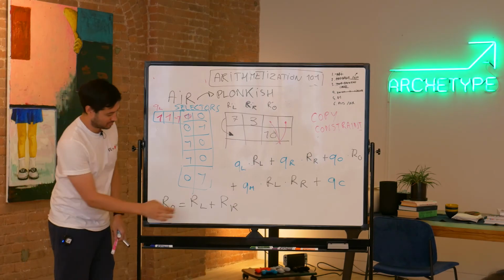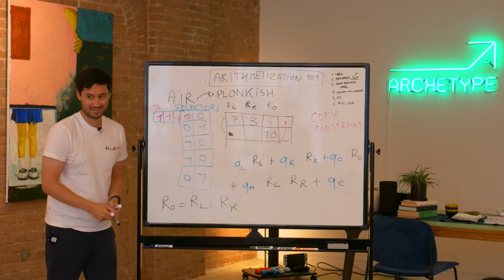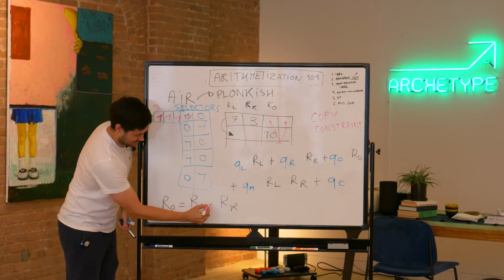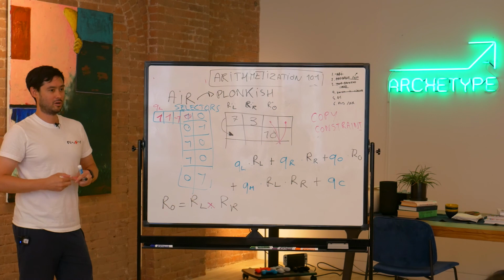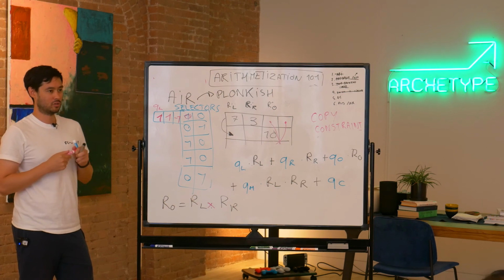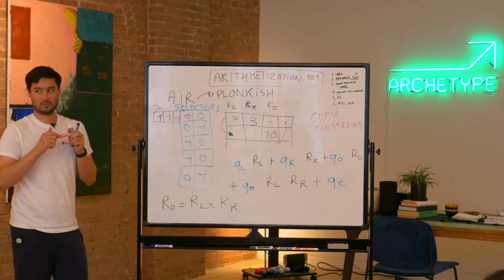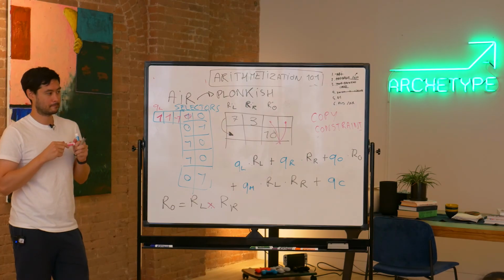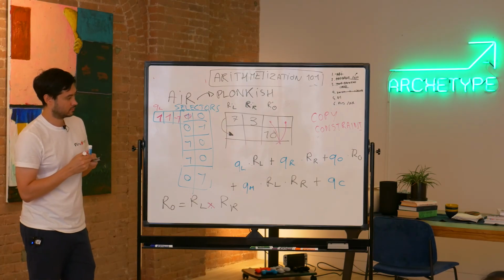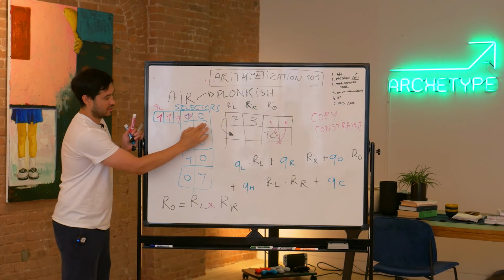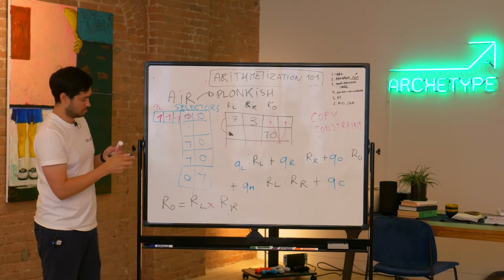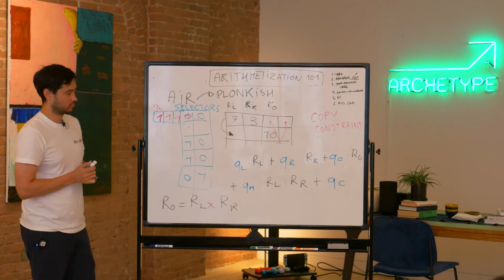How would I do a multiplication here? Someone else answer. How would I use these selectors to do a multiplication? Let's say I want to do a multiplication on the next row.